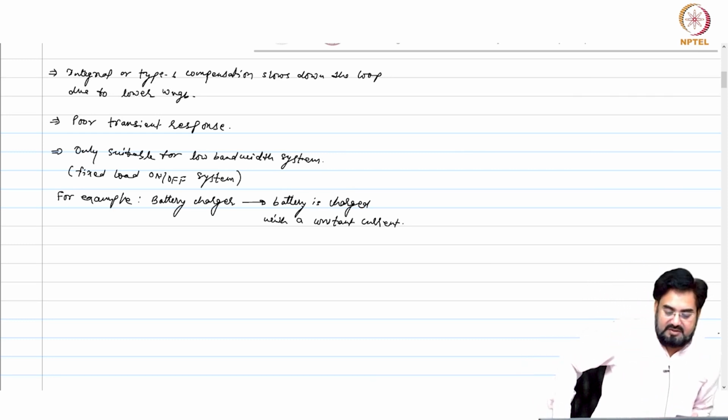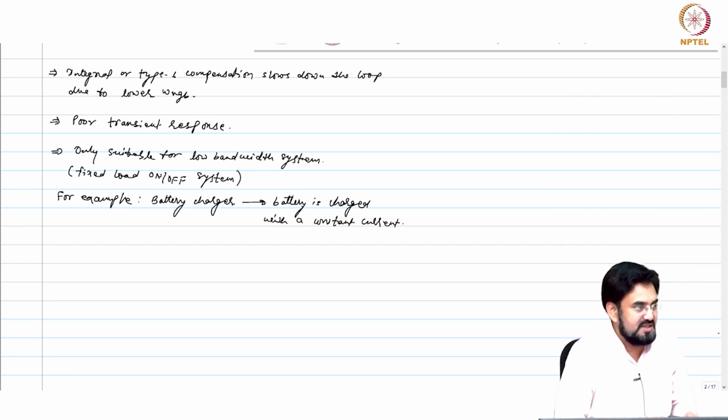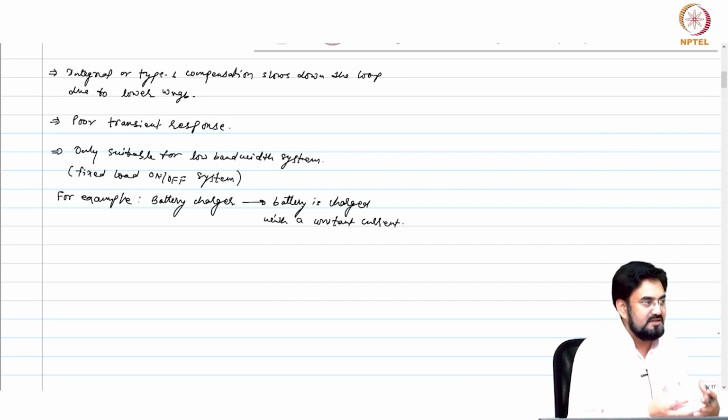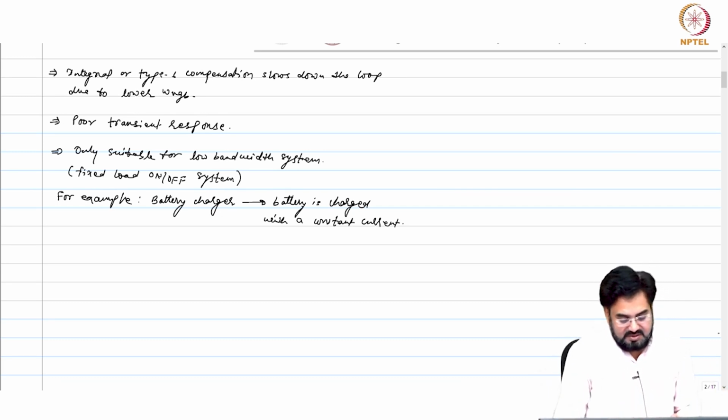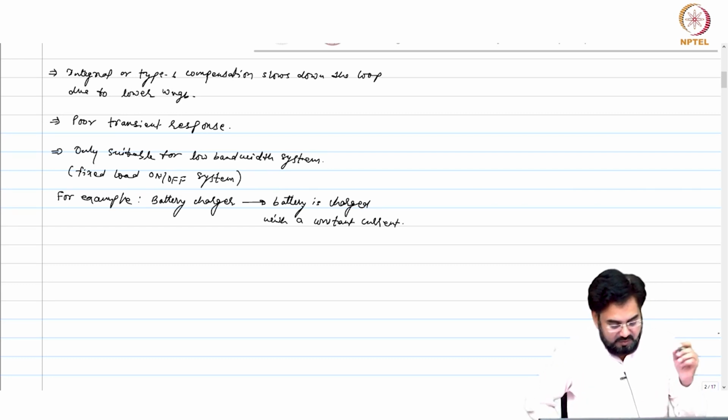And another advantage of doing that: even if your battery is fully charged and your charger is plugged in, instead of draining the battery, you would like to draw the current directly from the charger. So, your battery charge will remain, it will not deplete actually. So, that is the advantage. But if you talk about the old systems, then the slow loop was good enough.